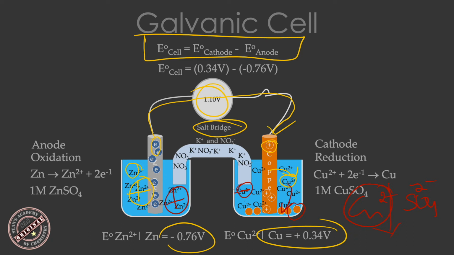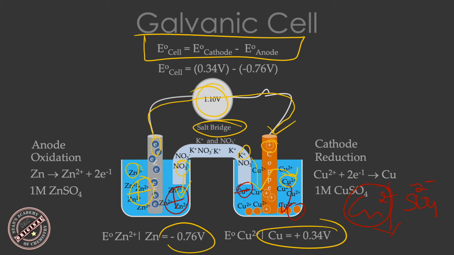When the cathodic compartment becomes rich in electrons, in order to maintain electrical neutrality, what happens is you'll have the positive ions or potassium ions actually move into the solution. And in the anodic compartment, because we have more of the zinc ions becoming positively charged, the nitrate ions, which are negatively charged, start moving into that.